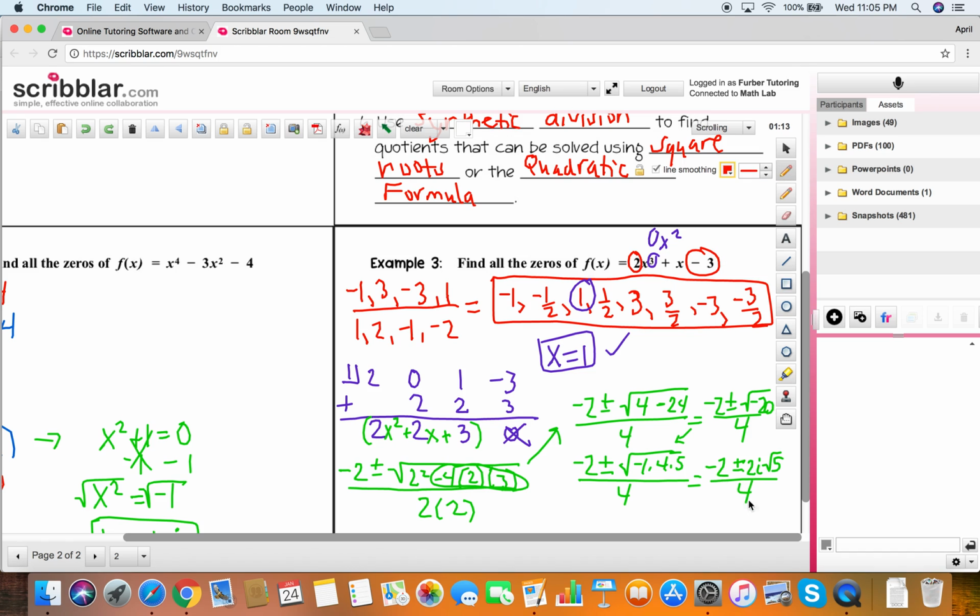If all three whole numbers have a common factor, you have to divide it out. So they can all be divided by 2. So that's going to make this become a 1, and this is going to become a 1, and this is going to become a 2. So my solution is negative 1 plus or minus I square root of 5 over 2.